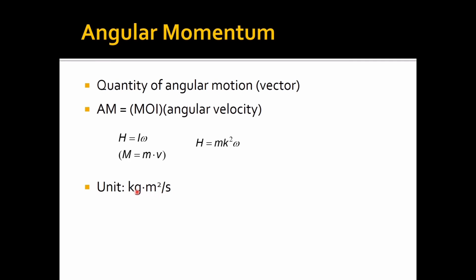Kilogram comes from mass, meter comes from radius of gyration, and per second comes from the angular velocity. Actually, the unit of angular velocity is radian per second, but as you learned, the radian is a dimensionless unit, so you can drop the radian and only get per second. That's why the unit of angular momentum is kilogram times meter squared per second.